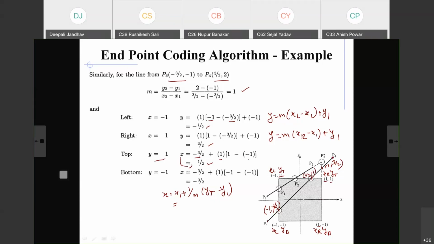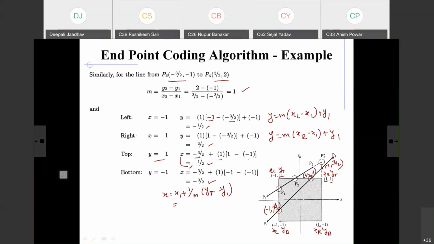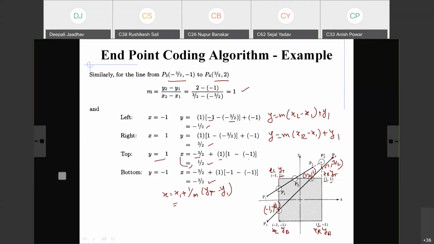And for the bottom, again we calculate with the equation, and we will get x as minus 2. So suppose I extend this line to where it touches the bottom. Suppose here it touches the bottom at minus 3 by 2, minus 1.